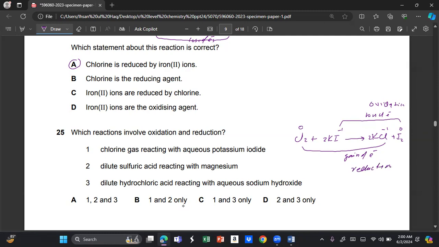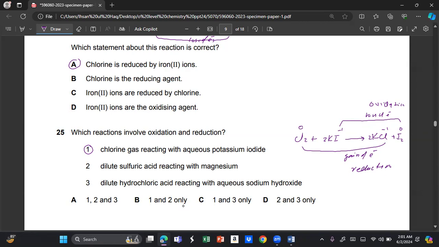Hope you are clear with which option we should take. Chlorine gas reacting with aqueous potassium iodide. This reaction shows oxidation and reduction both. Keep in mind it is a displacement reaction. Displacement reaction is usually a redox reaction. Dilute sulfuric acid reacting with magnesium, yes.